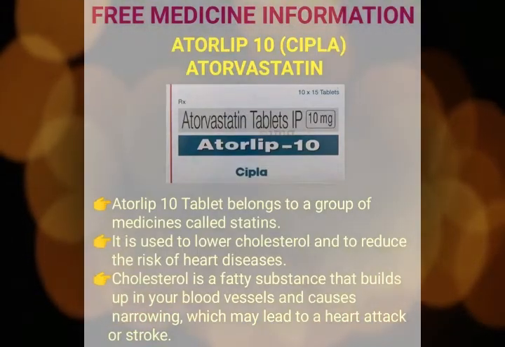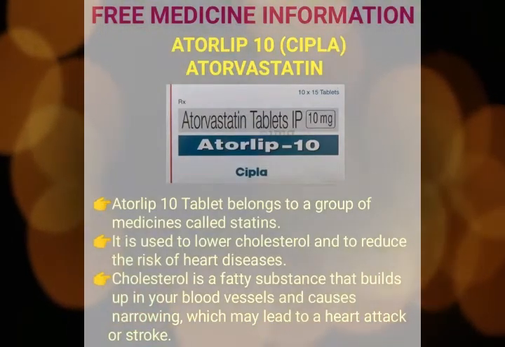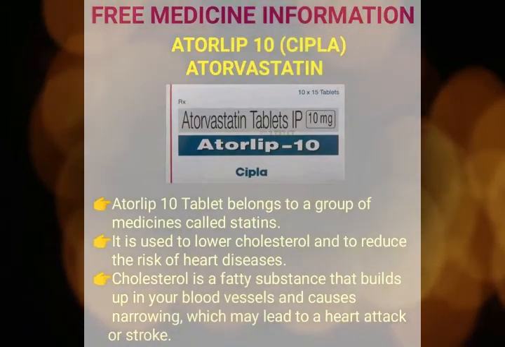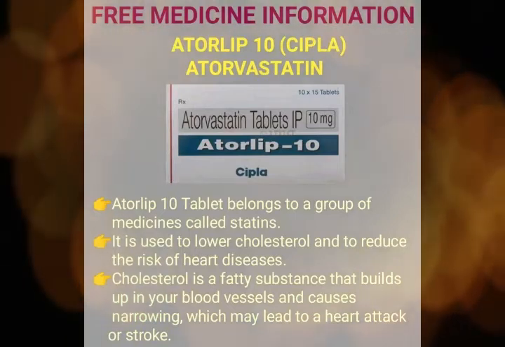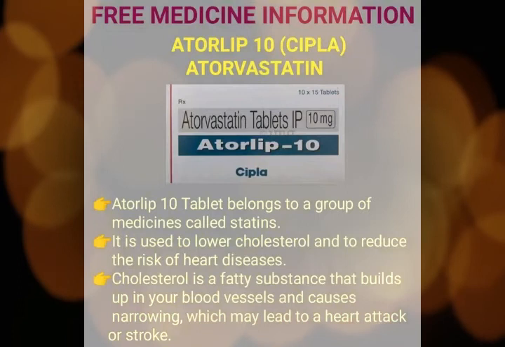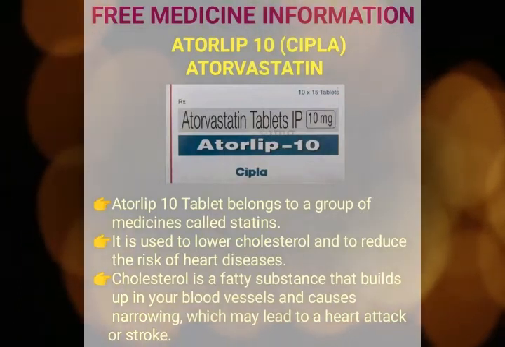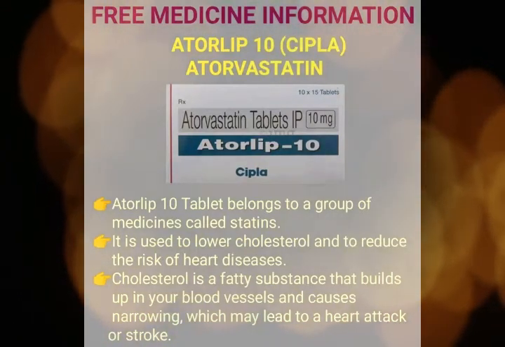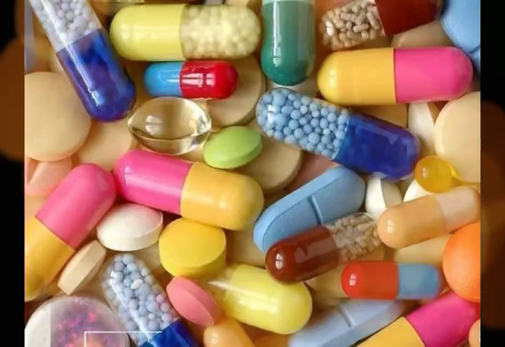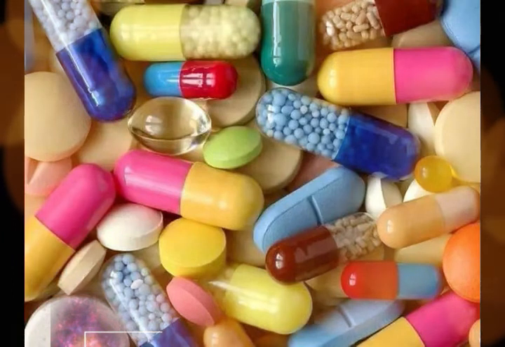Hepatic impairment. Plasma concentrations of atorvastatin and its active metabolites are markedly increased in patients with chronic alcoholic liver disease. Hepatic uptake of all HMG-CoA reductase inhibitors, including atorvastatin, involves the OATP1B1 transporter.